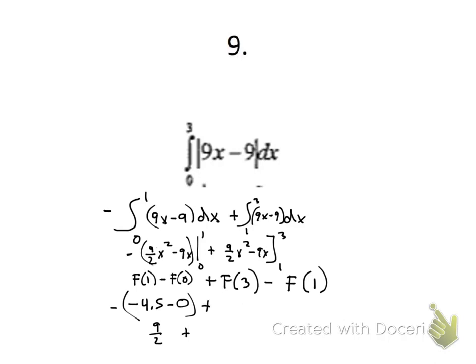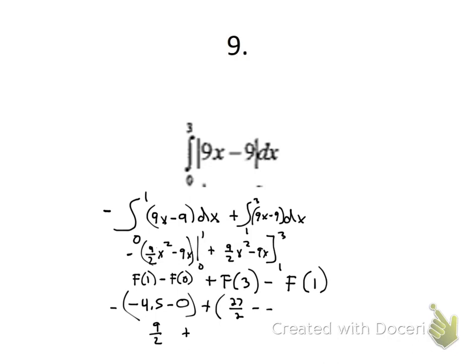What do we get over here for f of 3? 3 squared is 9 times 9/2 minus 27. Anybody think they have it as a fraction? 27 halves. Sarah, you're shaking yes. Anybody else get 27 halves? Okay, so I'm going to trust you guys on that. 27 halves minus, remember, f of 1 was what?